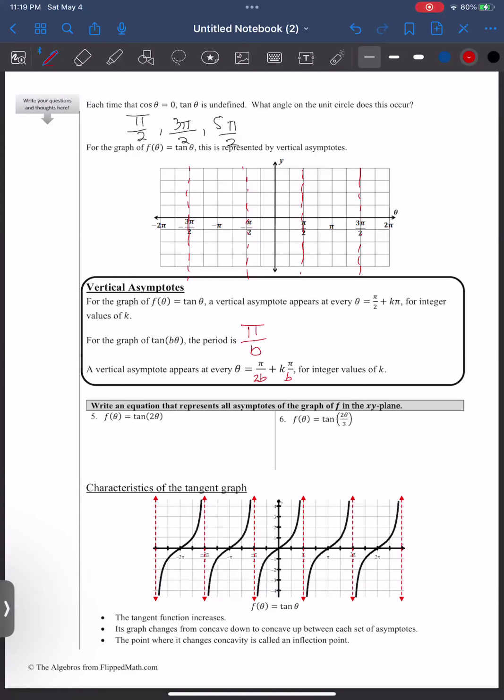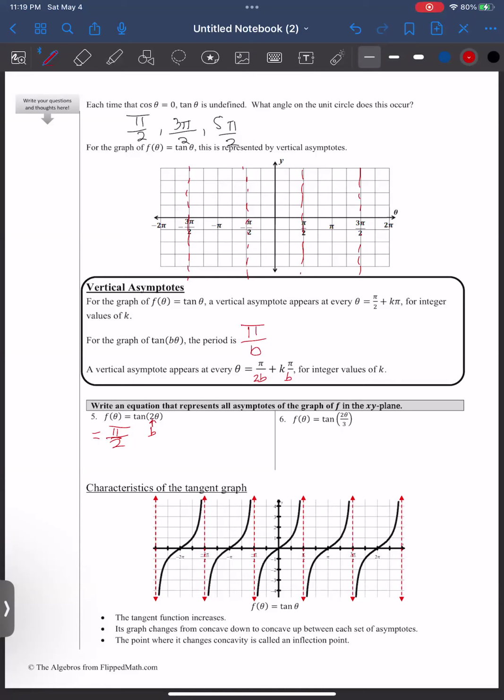Well, let's see our example here. We have tangent of 2 theta. So that means that my period is going to be equal to pi over 2. Remember that this is my b, right?